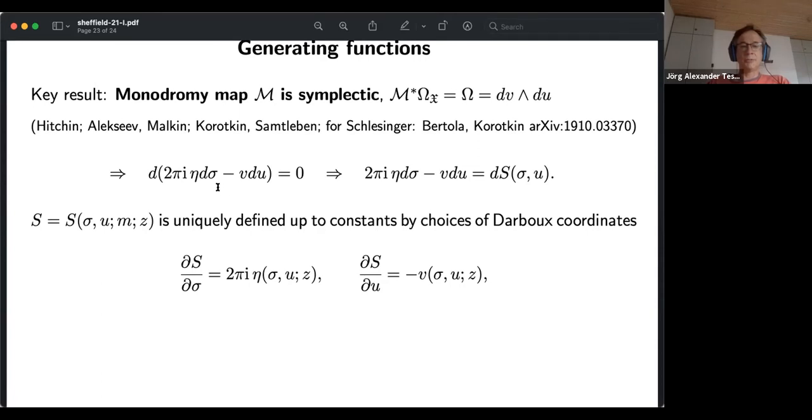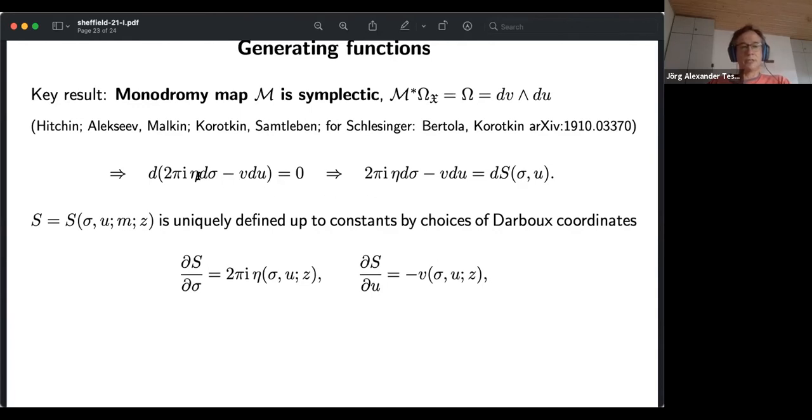What this implies is that there are generating functions for changes of coordinates, obtained by picking a symplectic potential, that is a one-form whose exterior derivative would reproduce the symplectic forms. Of course, you need to have a preference of sigma over eta, or u over v.